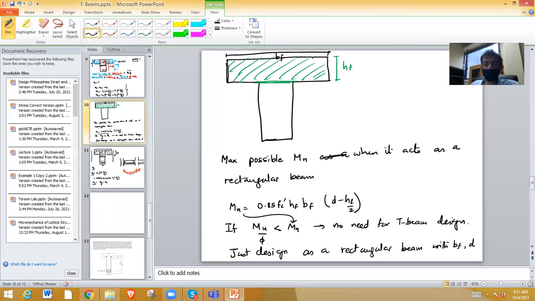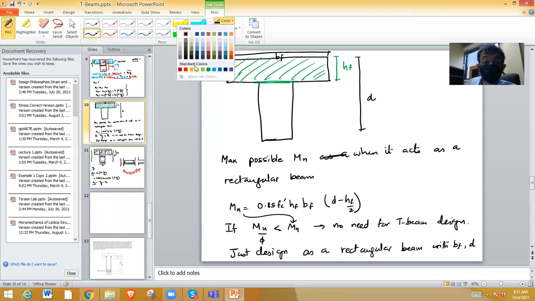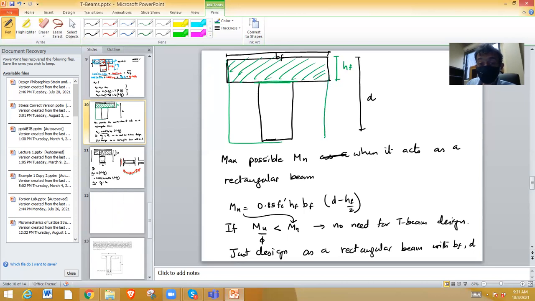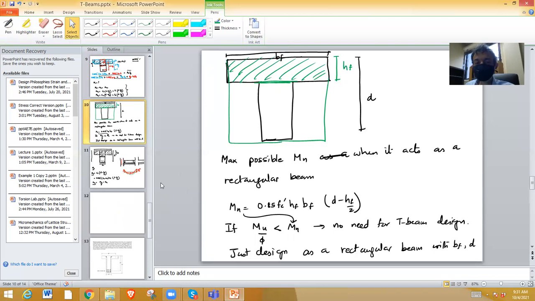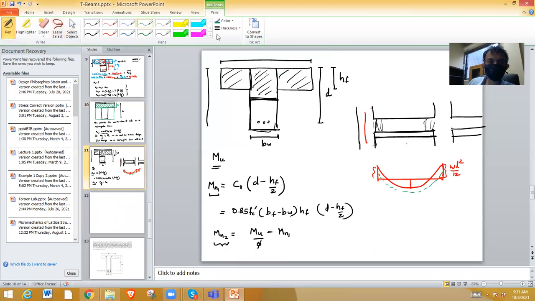That means bf is the width of the rectangular beam and d is the effective depth. I hope you understood, because anyway, all this is not there. So this is just equivalent to a rectangular beam with width bf and effective depth d. Now supposing this moment capacity is not enough, then we need to design a T-beam. So that's what I was directly starting to show, design a T-beam.